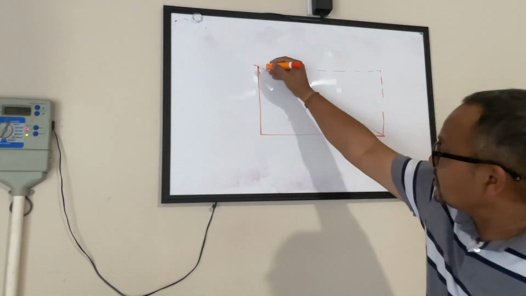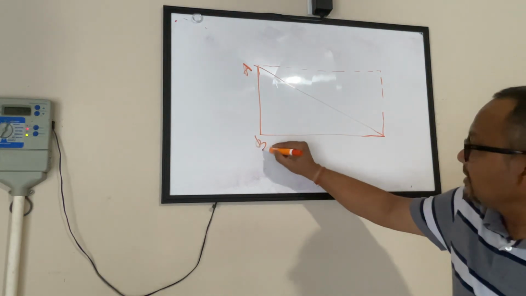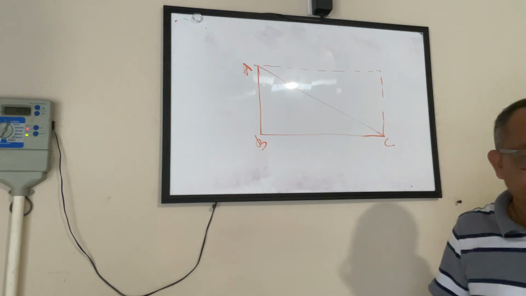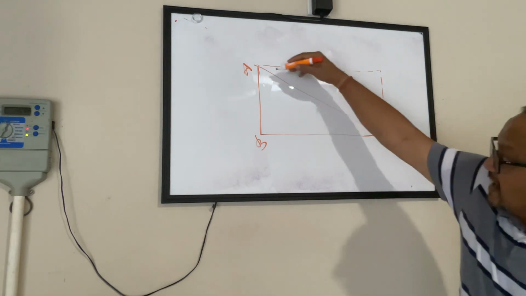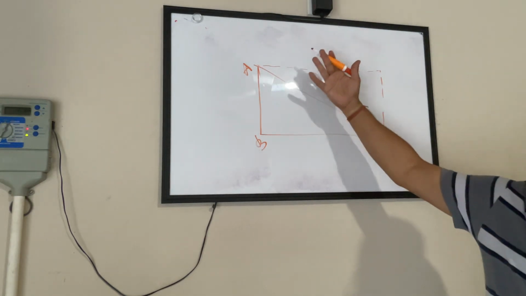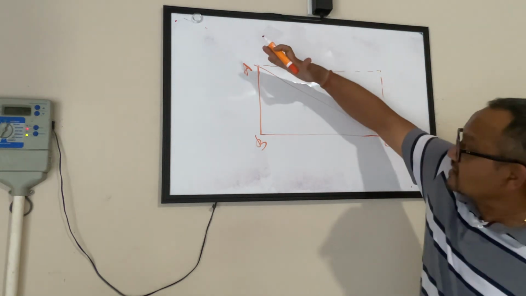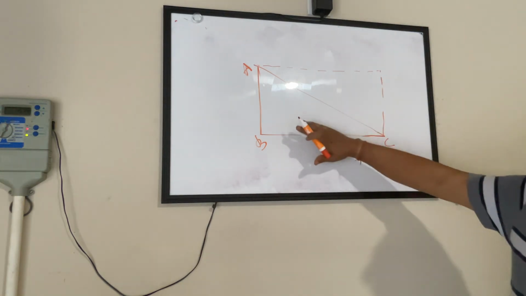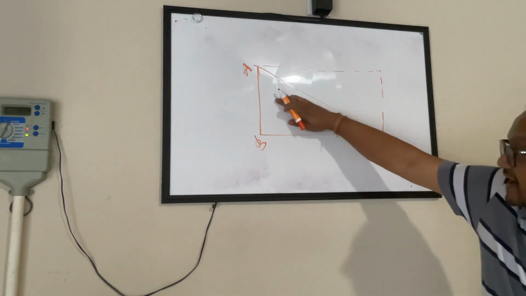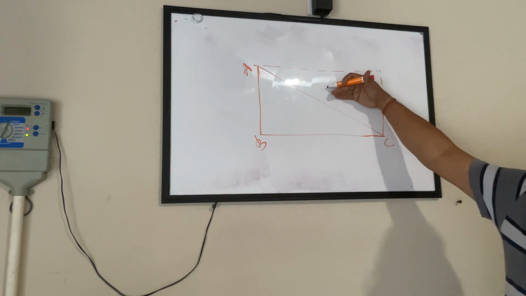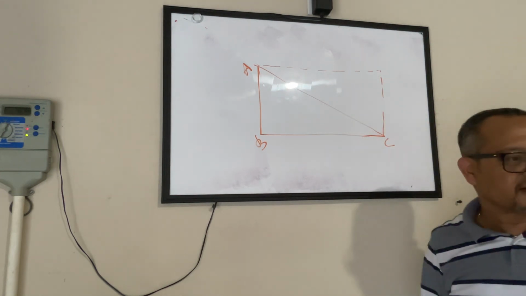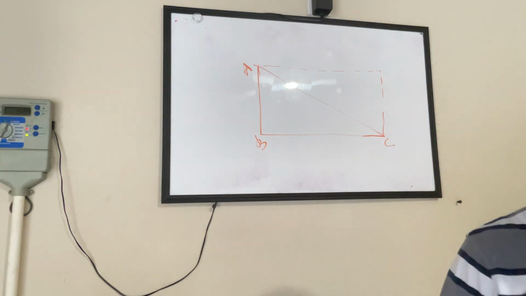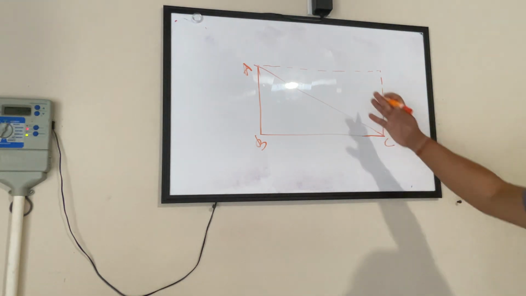Whatever you see here, let's say A, B, C, this is a right angle triangle. Okay? What did I do? I created a mirror image of this along this line. Now when I look at the right angle triangle and the mirror image of this, what does it look like? A rectangle? Yeah?